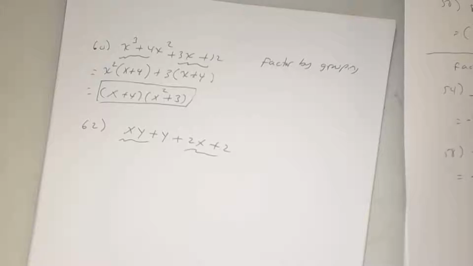I know, but why didn't we factor by grouping on any of the other ones that we did then? That's a good question. Because in this section, the main part of the section was to find the GCF.